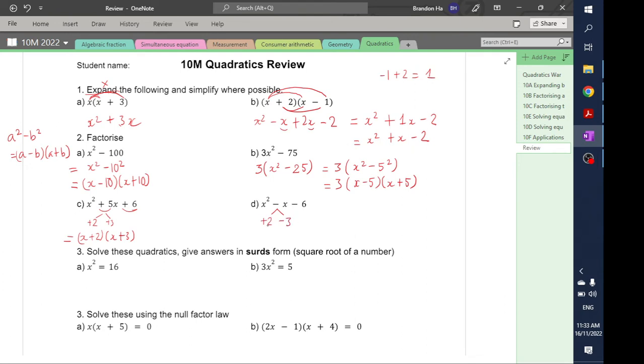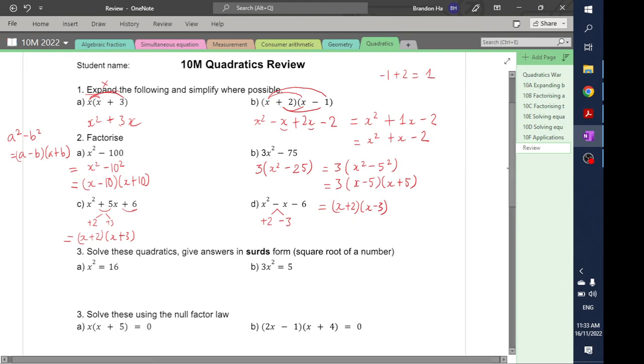Alright, positive 2 times negative 3 is also equal to negative 6. So our answer is x plus 2 and x minus 3. Again, just a very basic one. We have done that a lot of times.